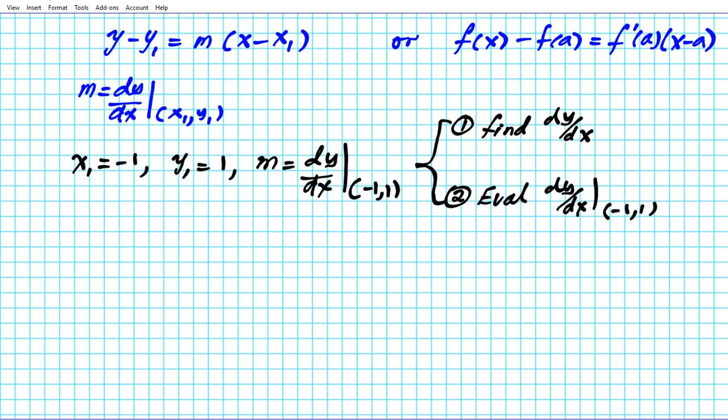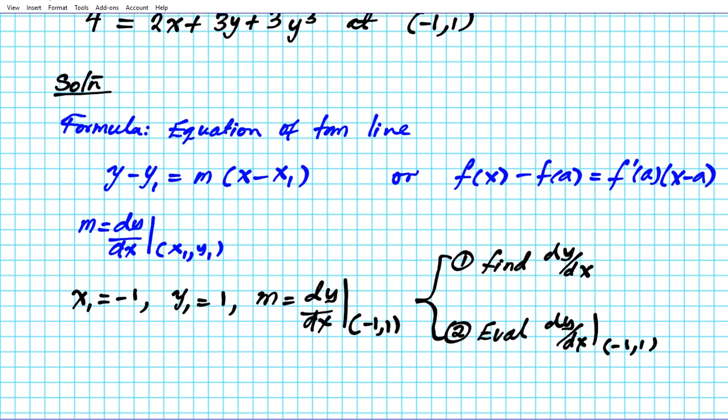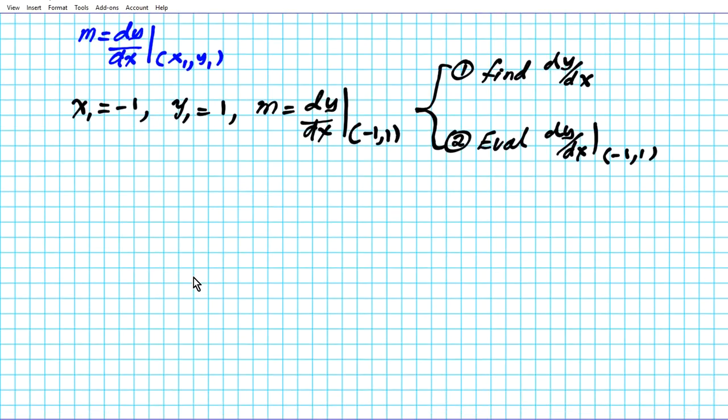So it's a two-step process. Okay? All right, so let's start with part number 1, which is to find the derivative of our implicitly defined function. It's not a function, it's a relation. So part 1, we want to find dy/dx. The equation again is 4 equals 2x plus 3y plus 3y to the third.